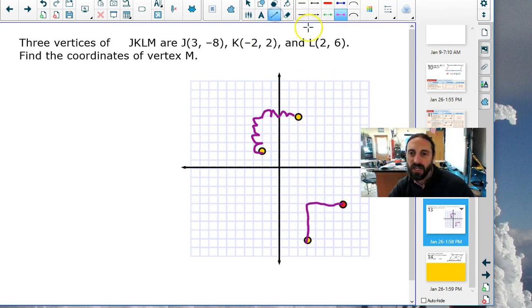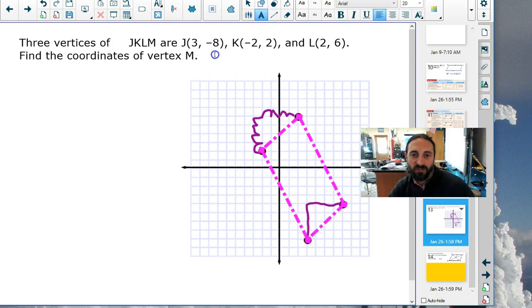Right? And then if I actually connect my bars, I know you guys like it if I connect my bars. Boom. You can see that this is a gorgeous parallelogram. What it asks, though, in this problem is, what are the coordinates of M? And, of course, the coordinates are 7, comma, down 4.